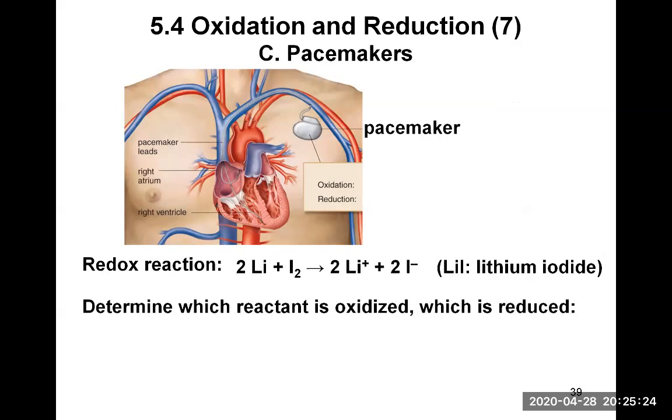The net redox reaction that happens in modern pacemakers is that we have lithium in the metal state plus iodine. Iodine is a solid also, and they will change into Li+ and the iodide ion, I-.